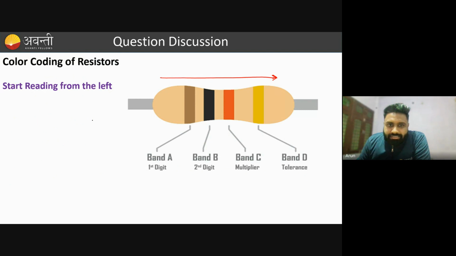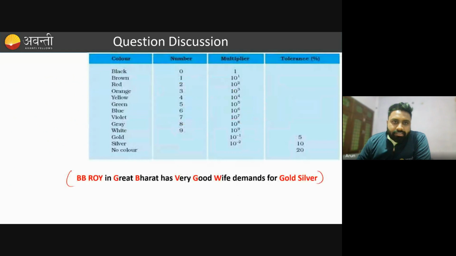First digit, second digit, then the third color will be for the multiplier, and the fourth color will be the tolerance. These are the colors, and these are the codings according to them.